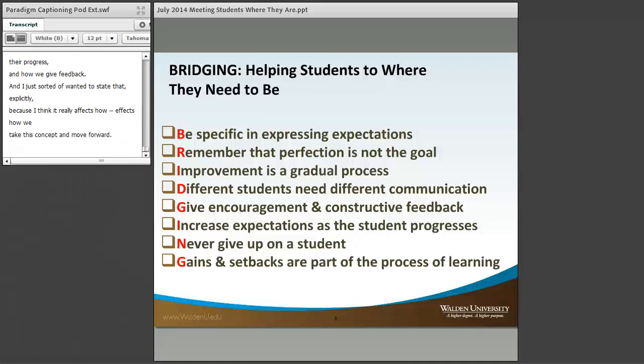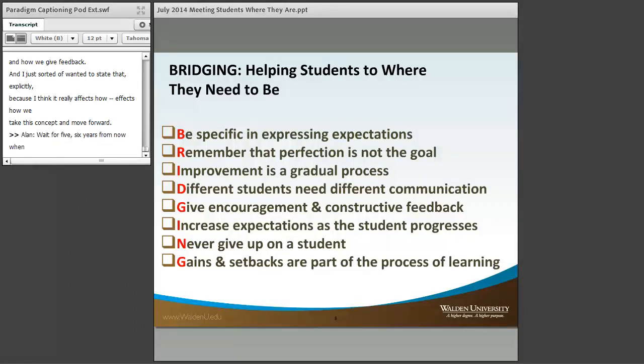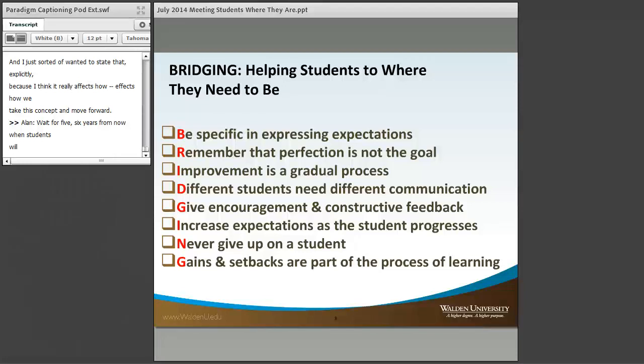Wait for 5-6 years from now when students will get their feedback from us in holograms. That'll be very interesting if that ever happens. But you're absolutely right.